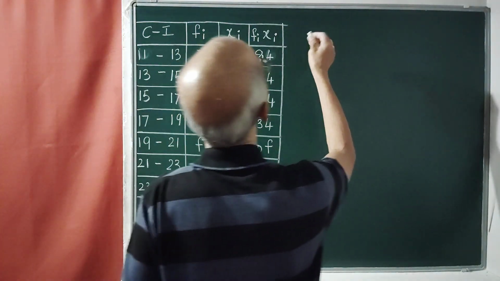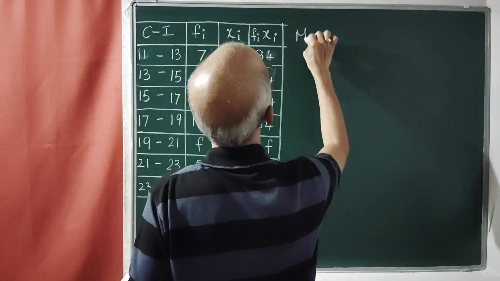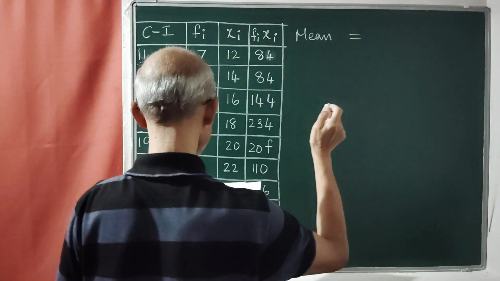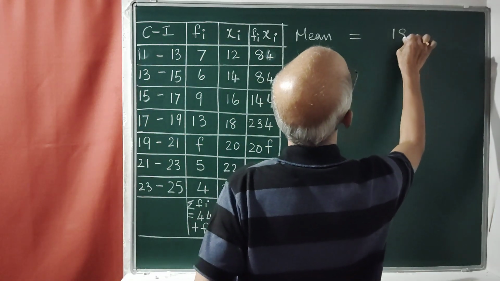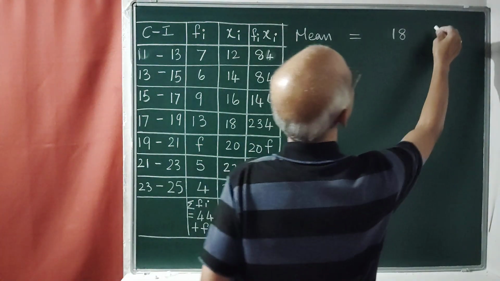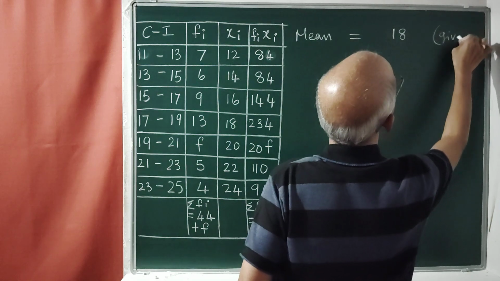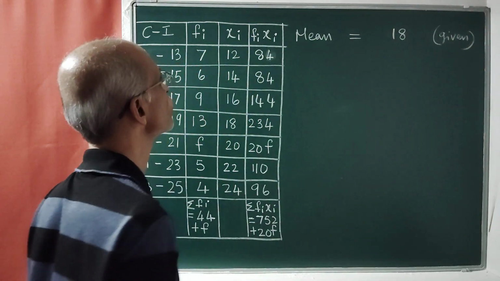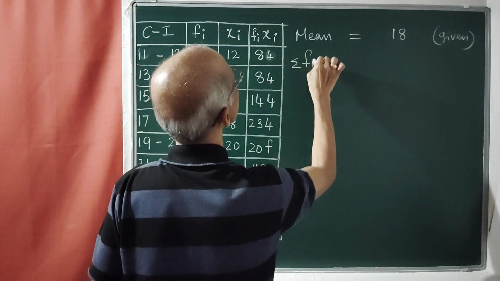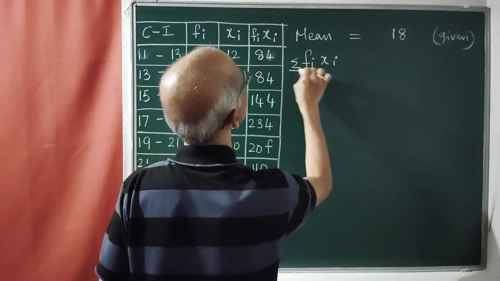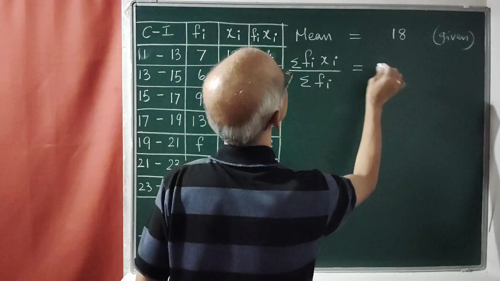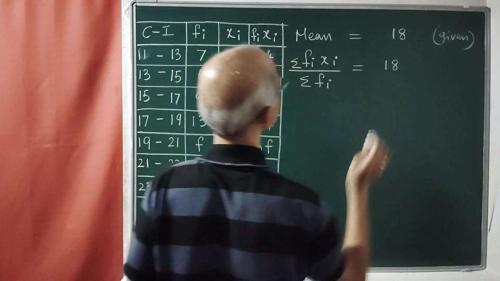So the mean has been given to us. Mean allowance is equal to rupees 18. This is given to us. So the formula for the mean is sigma fi xi by sigma fi is equal to 18.